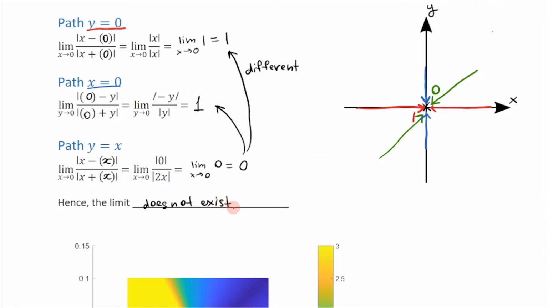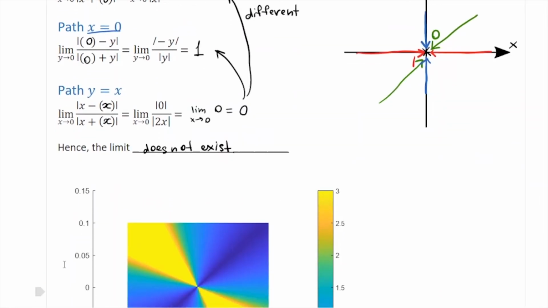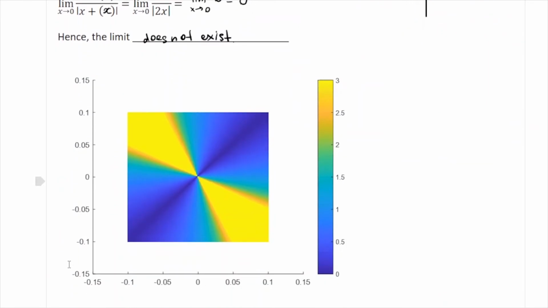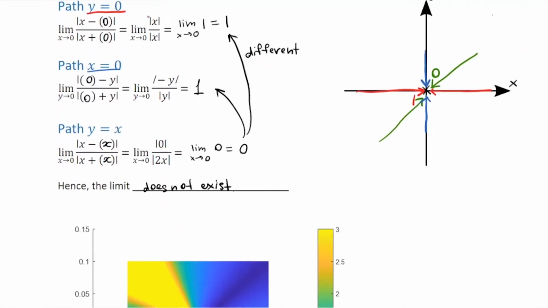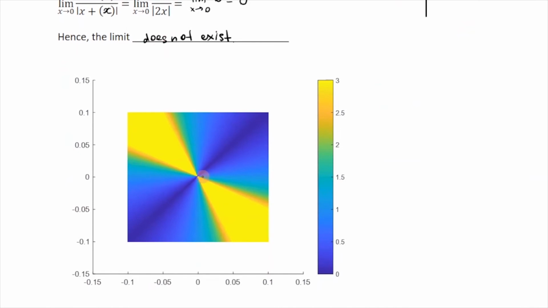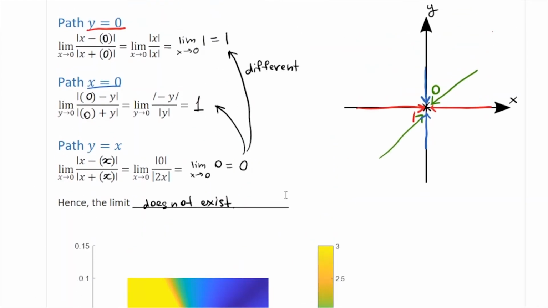Now, if you're curious, I've plotted this function using MATLAB, and that's what I got. So you see that along the red line, we had this cyan color, which corresponded to 1. Actually, the value of the function is exactly 1 on this line. Let me just double check.